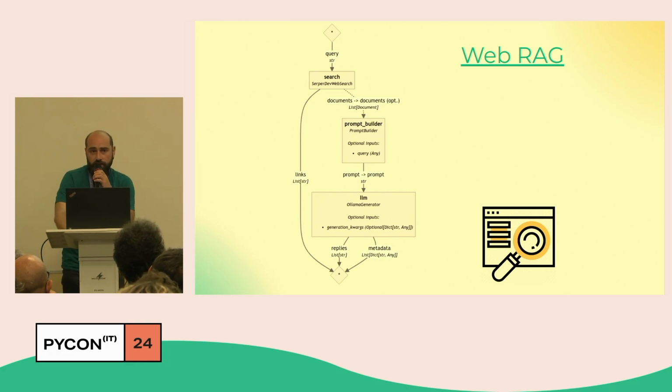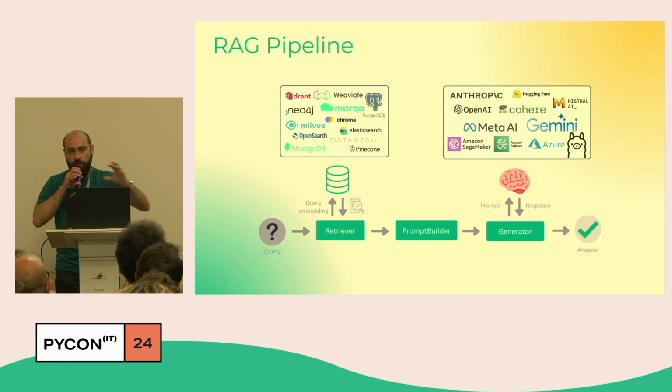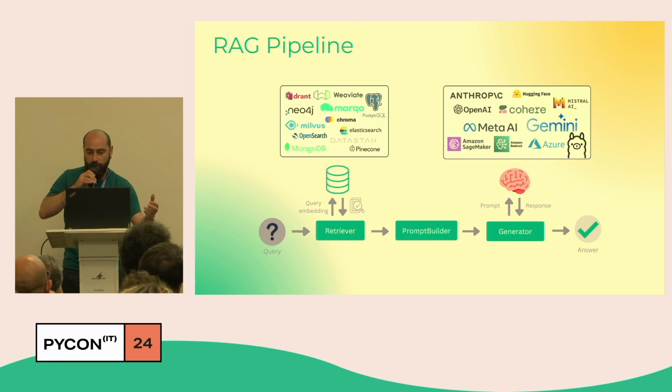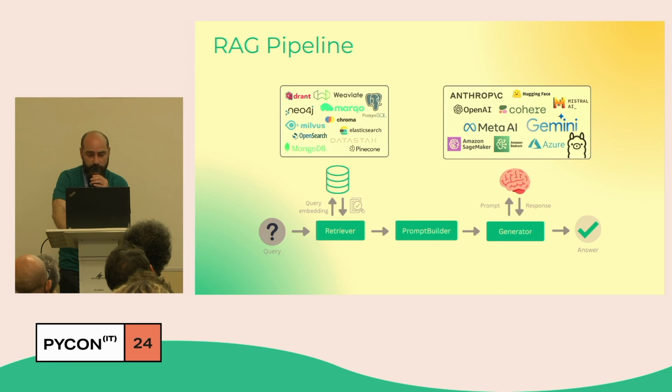But let's see the most common use cases. Usually you have some data stored in a database. At query time, you want to retrieve the most important information and pass it to the generator to help the language model provide an answer.